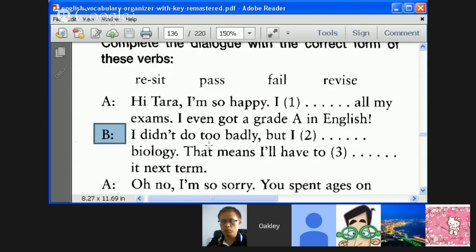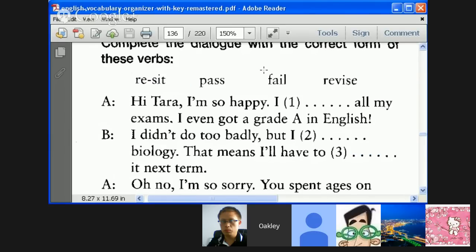I didn't do badly, but I failed biology. That means I'll have to take it next term. Yeah, you'll have to take it next term, and as I said, sit and take have the same function.